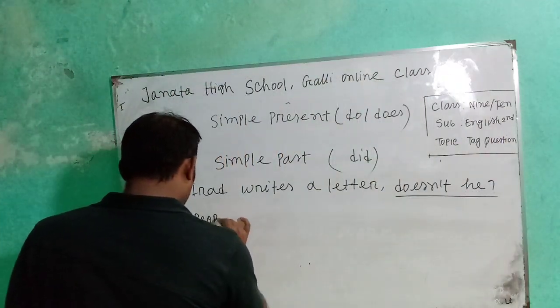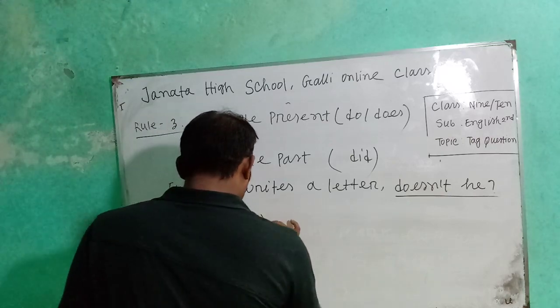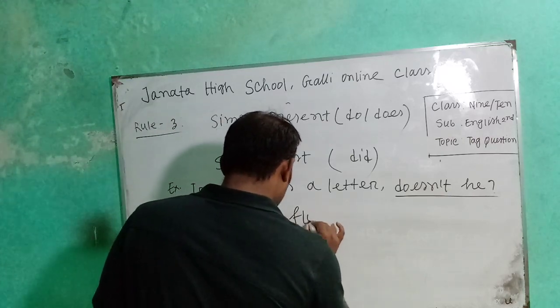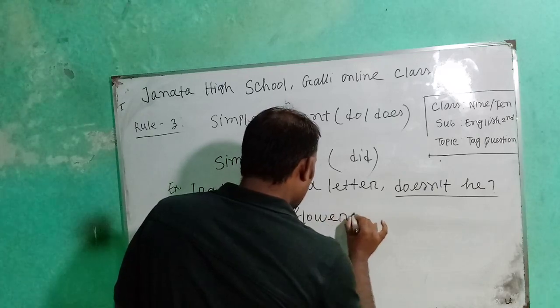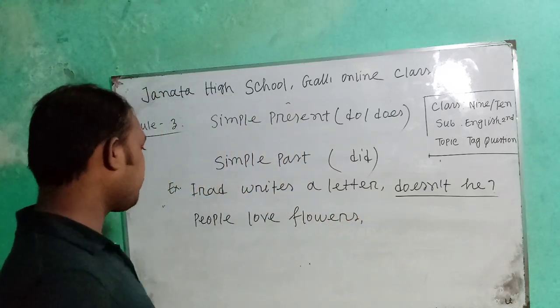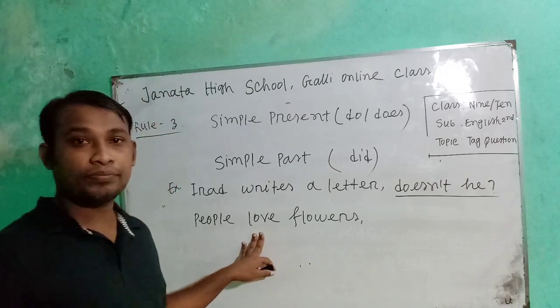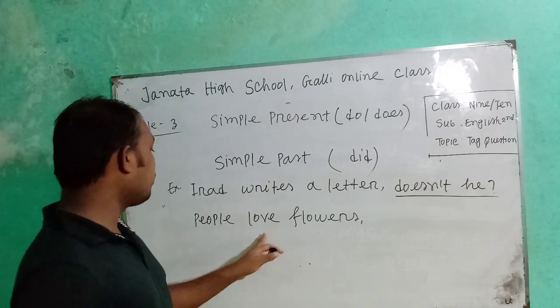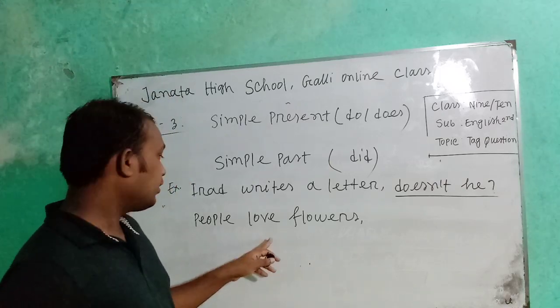People love flowers. Love is a principal verb. There is no auxiliary verb in this sentence.